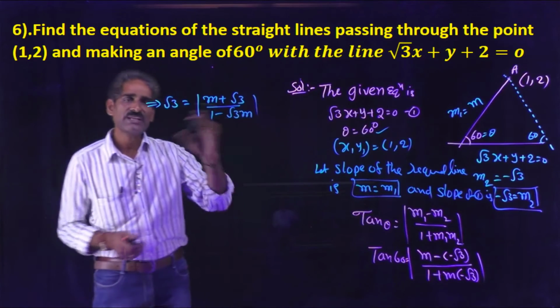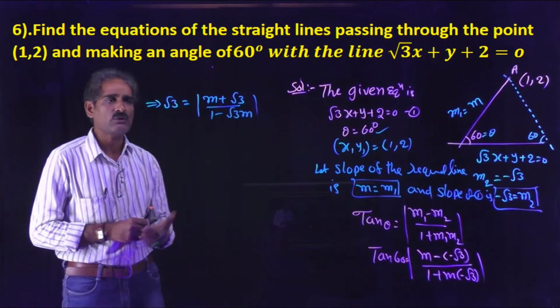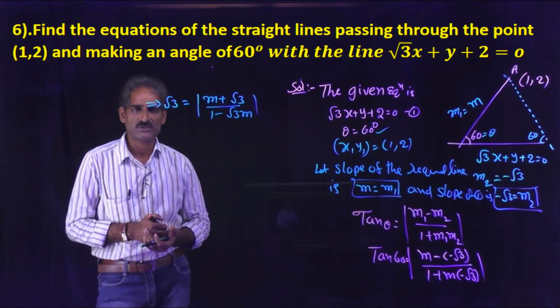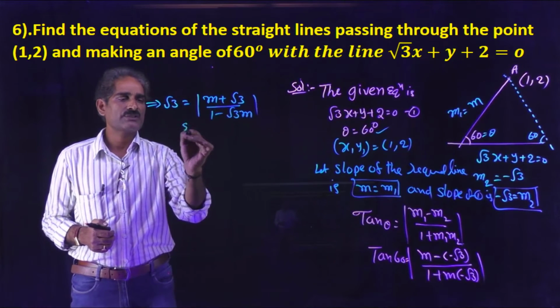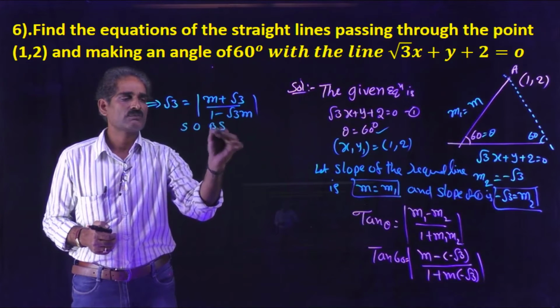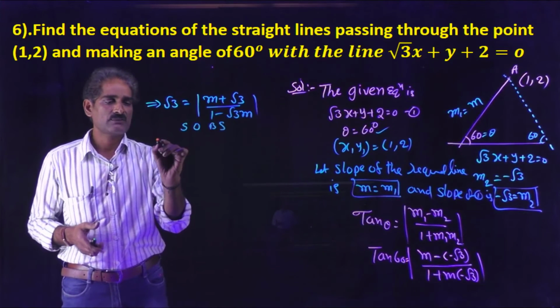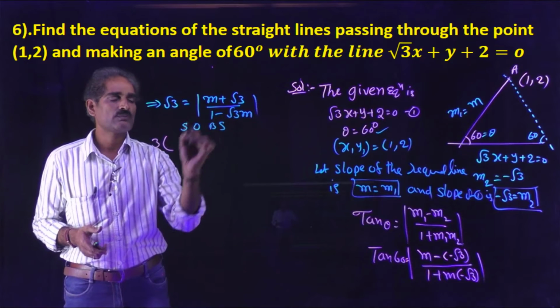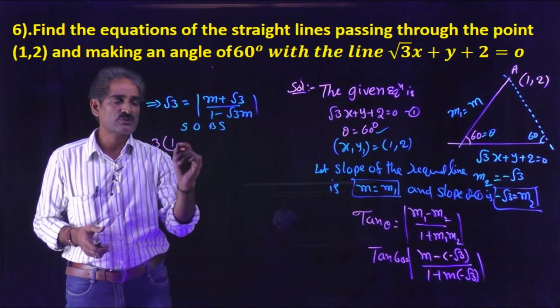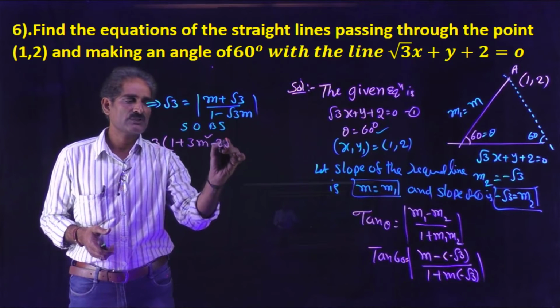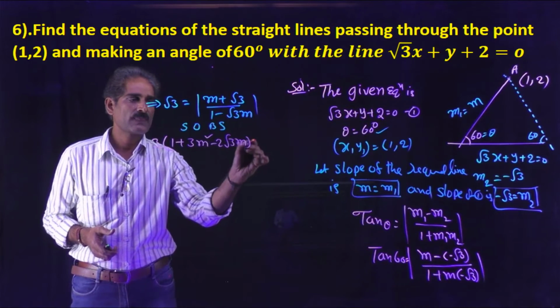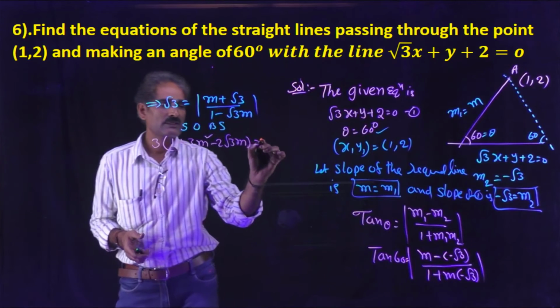By squaring on both sides, we can find the m value by taking plus and minus also. Just squaring on both sides, we will get 3 into (1 minus root 3 m) whole square, using (a minus b) whole square, equal to (m plus root 3) whole square, using (a plus b) whole square.